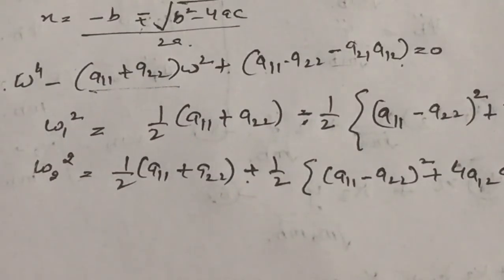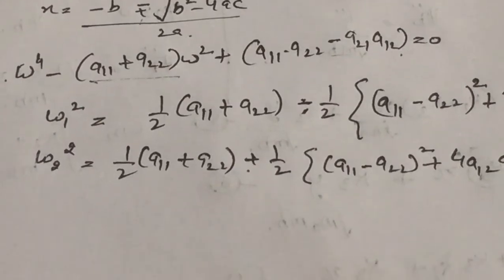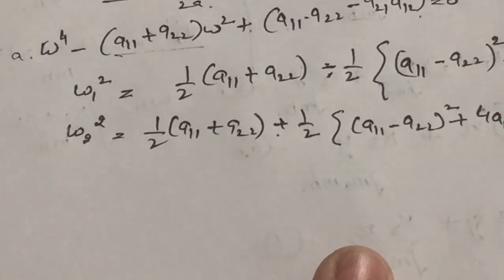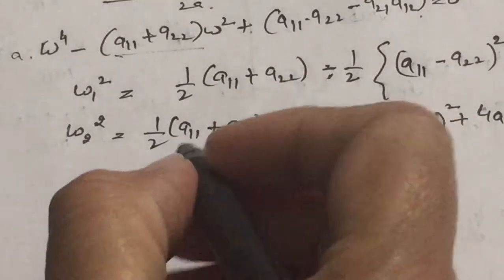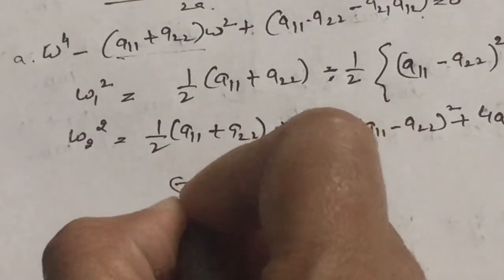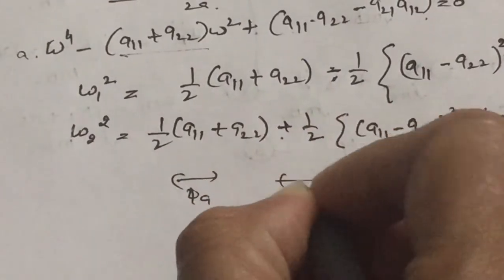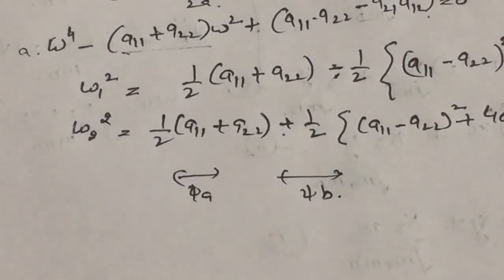Now, what should be the shape or what type of motion is shown by our system? The shape of the motion can be traced with the help of our psi A and psi B displacements.